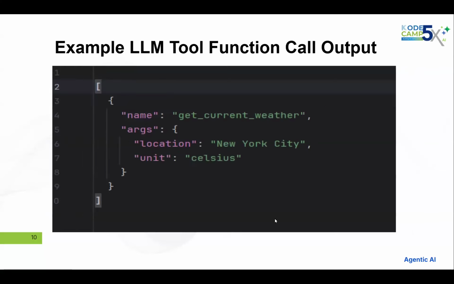Now, here is an example function call output from an LLM. So when the LLM determines that a function should be called, this is the kind of output that it will provide.